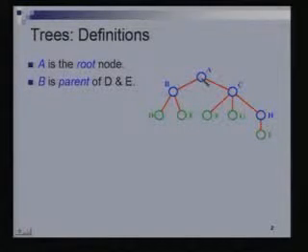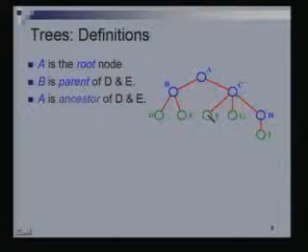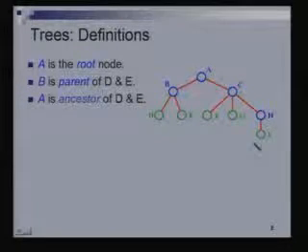By the same argument, A is the parent of B and C. C is the parent of F, G and H. A is a parent of B, which in turn is a parent of D and E. So A is an ancestor of D and E. A is also an ancestor of F, G and H. A is also an ancestor of I. Right? Sometimes we use the term grandparent. A is a grandparent of D, E, F, G and H.